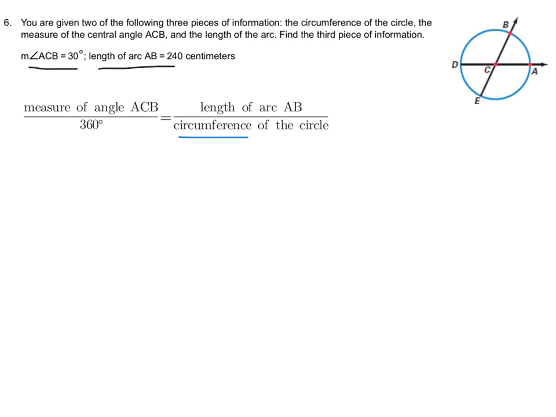The measure of angle ACB is 30 degrees, and that's over 360. This equals the length of arc AB, which is 240 centimeters, and that's over the circumference of the circle, which we're trying to find.